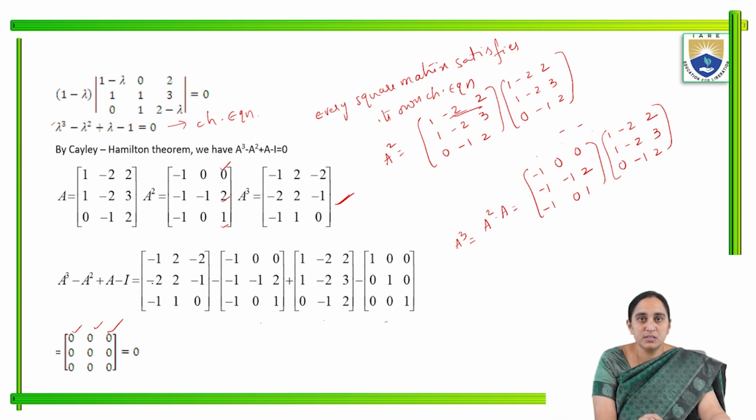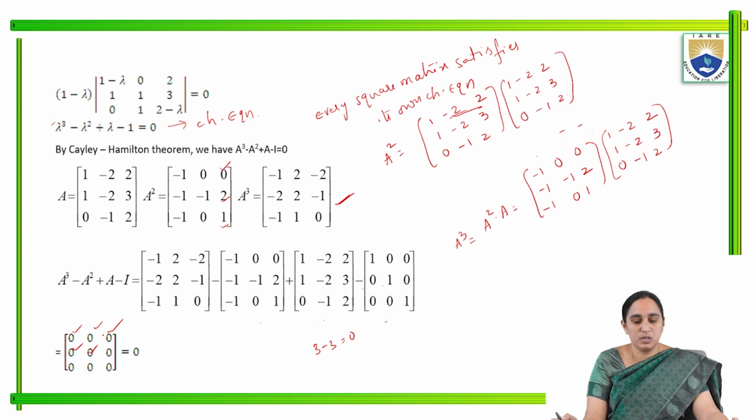Similarly add the second row. First element: minus 2, minus into minus plus 1, that is minus 2 plus 1, minus 1 plus 1, 0. And next, 2 minus into minus plus 1, 2 plus 1, and minus 2 minus 1, that is 3 minus 3, which is 0.